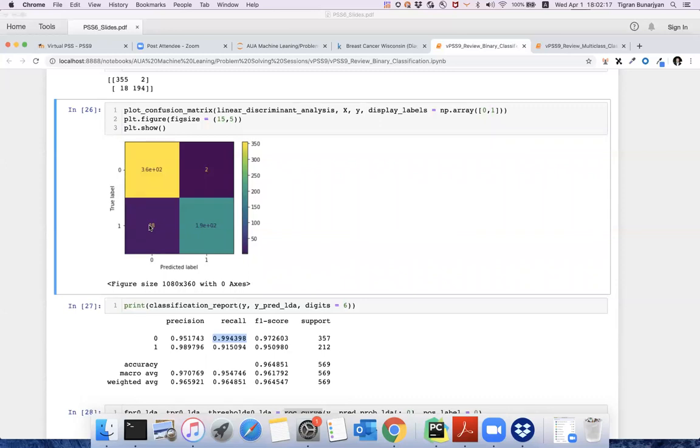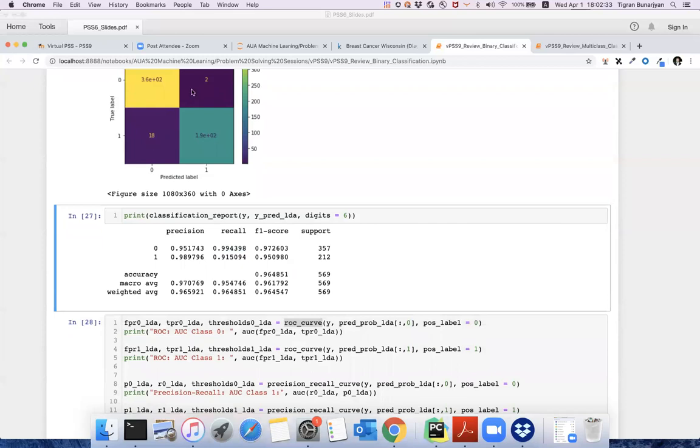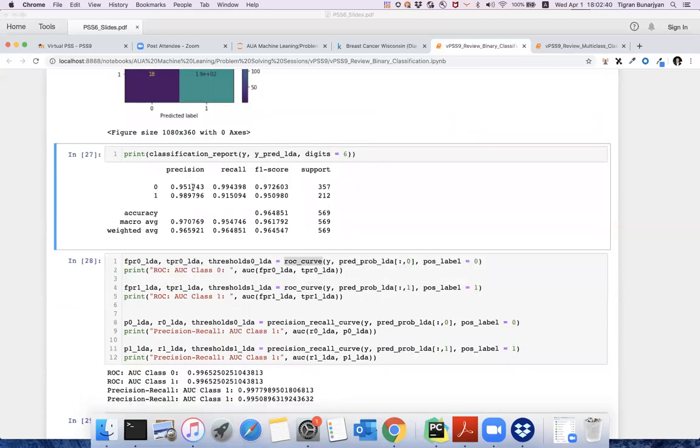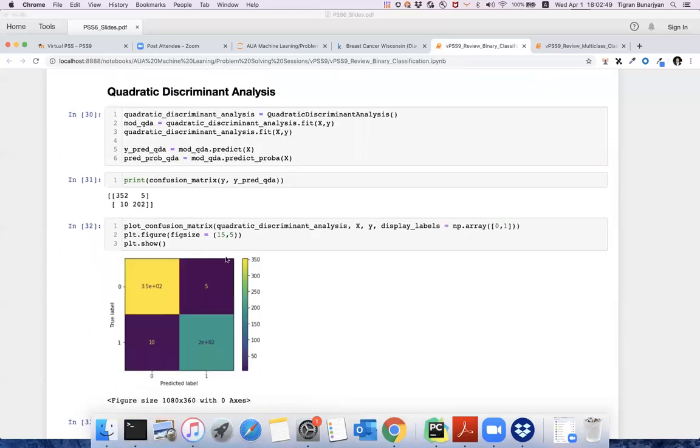So both are actually performing well, but if I were choosing one of those two, I would choose the QDA because there is a balance in the misclassification rating here, and also on average we have higher precision and recall for both classes. I mean the trade-off is higher.